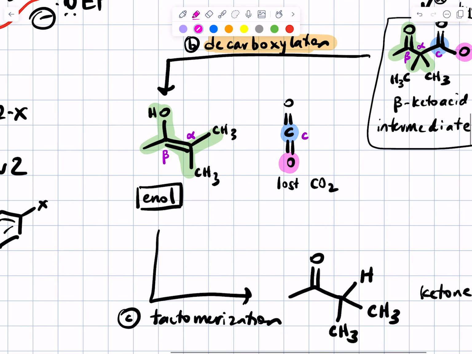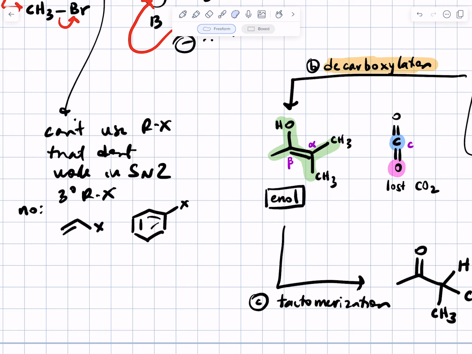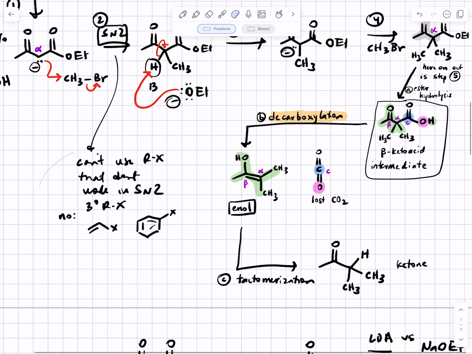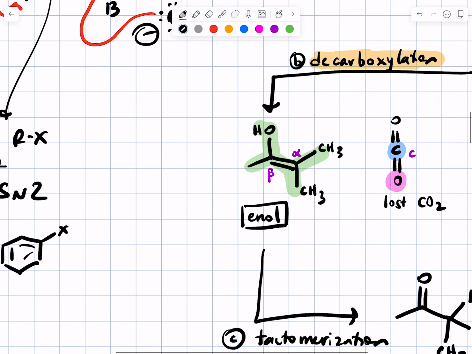The next step is enol to ketone tautomerization. You have seen that before, so we don't necessarily need to talk about it, though I'll give you a hint of a review, and then you can go back into your notes from earlier in this chapter and work it out. Probably the best and easiest way to do this is to reflect on the fact that the enol has a resonance structure that looks like this, that puts negative charge on the alpha carbon.